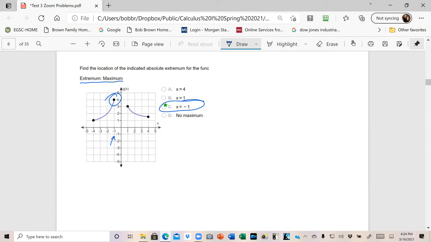I would also notice that this point at x equal 1 is a relative max. And this point, if you'd been asked, is an absolute min. And this point is a relative min.